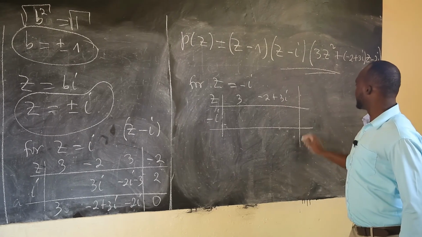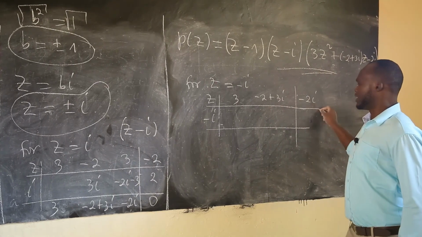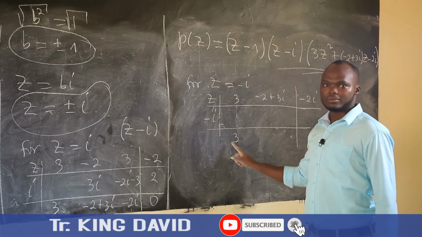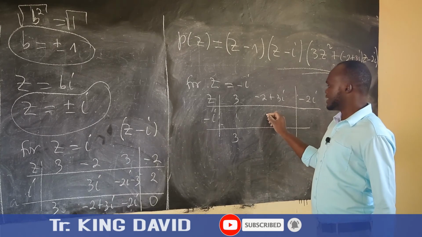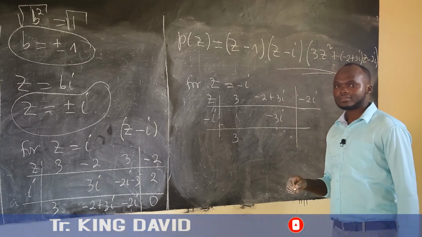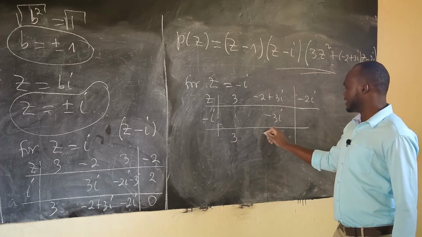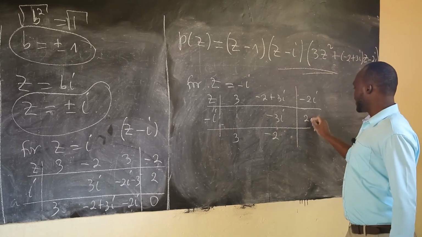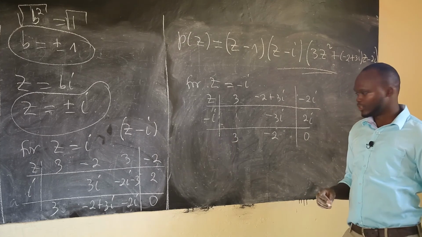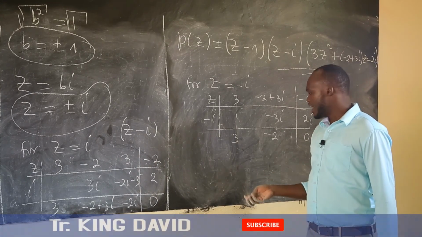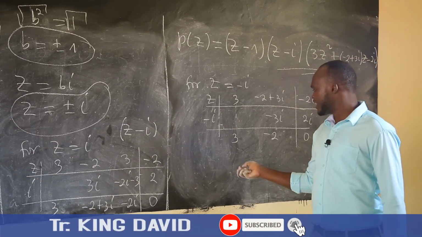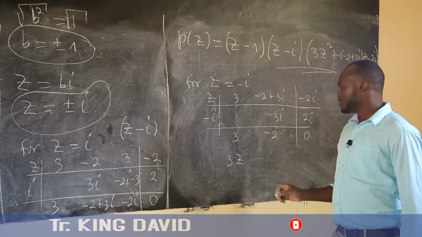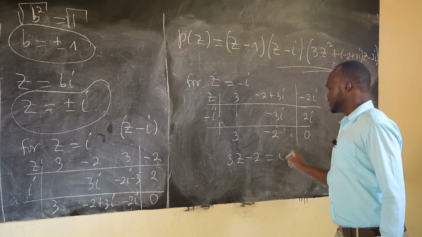And the constant is negative 2i. I put this one down. 3 times negative i, that's negative 3i. I add, I get negative 2. Negative 2 times negative i, that's positive 2i. I get 0. So now, another factor is 3z minus 2 equal to 0.